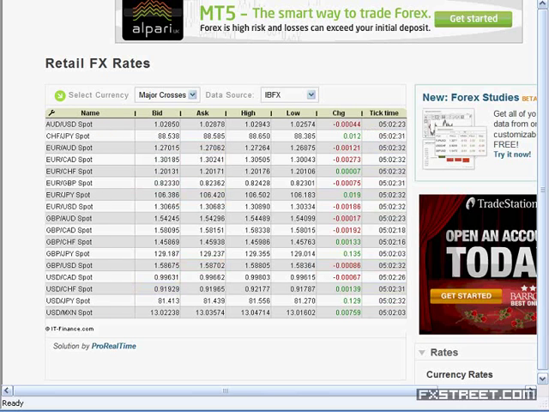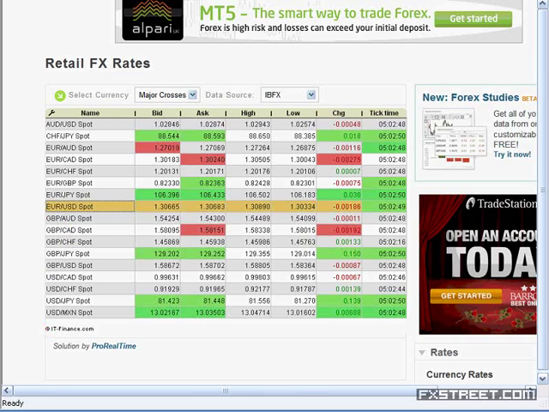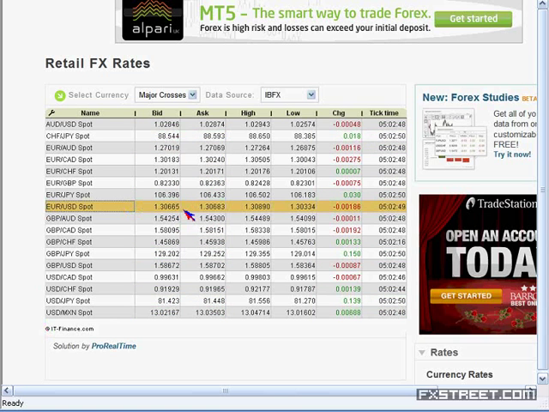And the currencies are arranged according to the alphabets rather than according to the majors and the commodity pairs and crosses. So we have to carefully watch where exactly euro is placed. So euro is currently here, trading around 1.3066, 1.3068, 1.3089 is the high, 1.3033 is the low, 18 pips negative net change is seen.